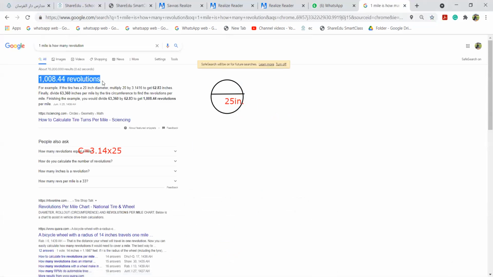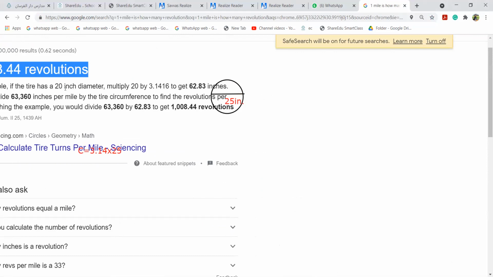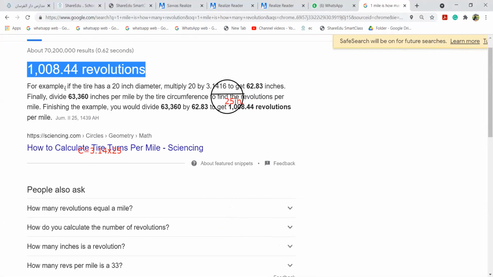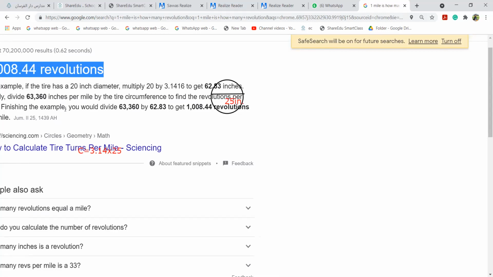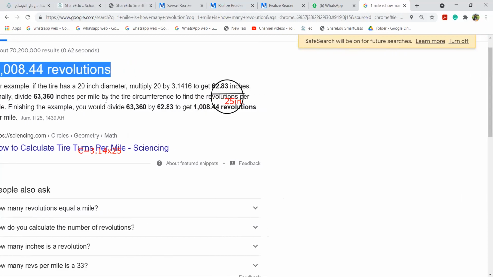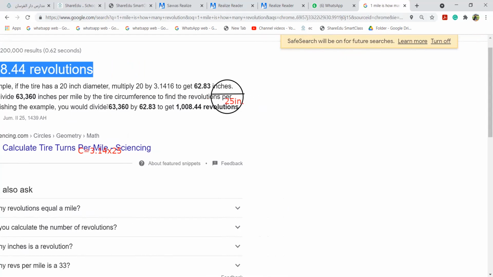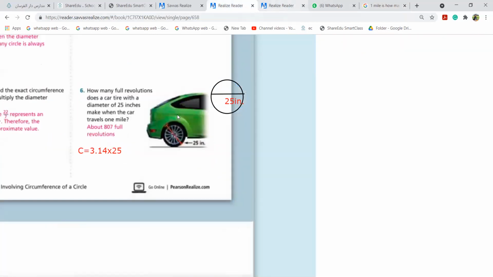If the tire has a 20-inch diameter, multiply 20 by 3.14 to get so many inches. Finally, divide 63,360 inches per mile to find the revolutions per mile.